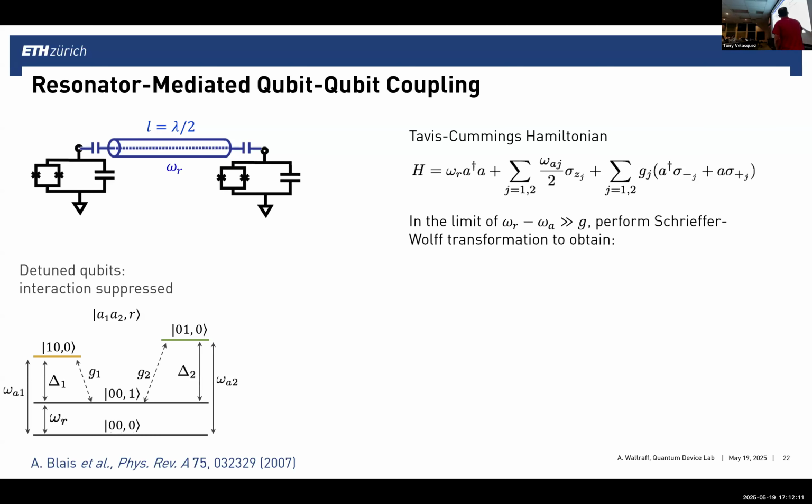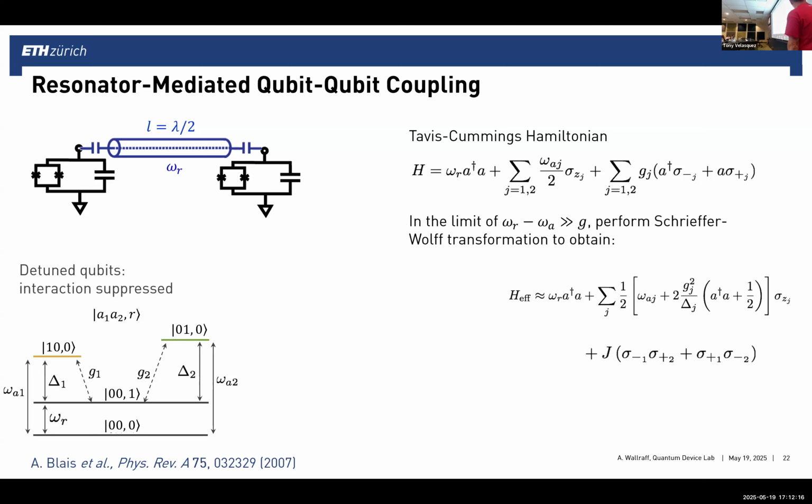So if you look at this Hamiltonian here, you can transform it into a form that is useful to understand the coupling. And here this transformation has been applied. And in this part of the Hamiltonian, you see the terms that allow you to perform this dispersive readout that Daniel has discussed.